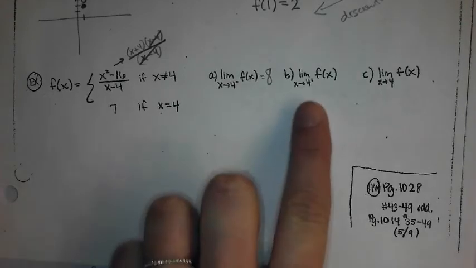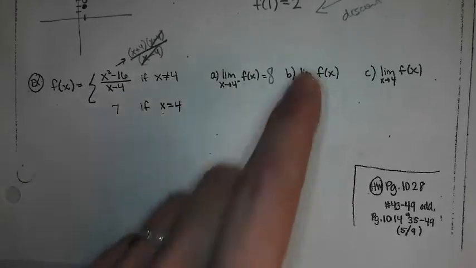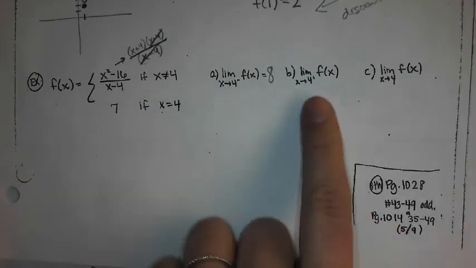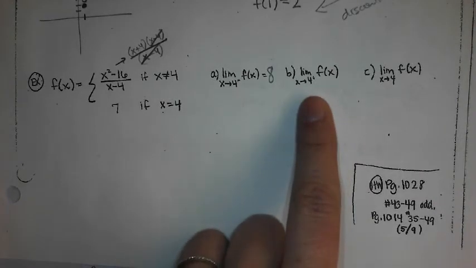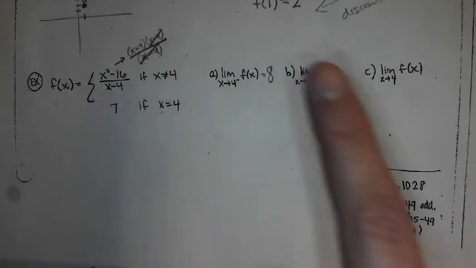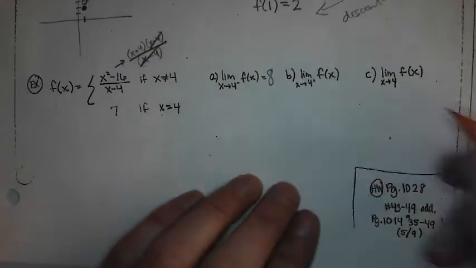If we're going to approach 4 from the right, Nathan McMillan, which equation am I going to plug 4 into for part B? Right, also the first piece, right? Which piece? The first piece. So I plug 4 in again to the manipulated version, and I also get 8.